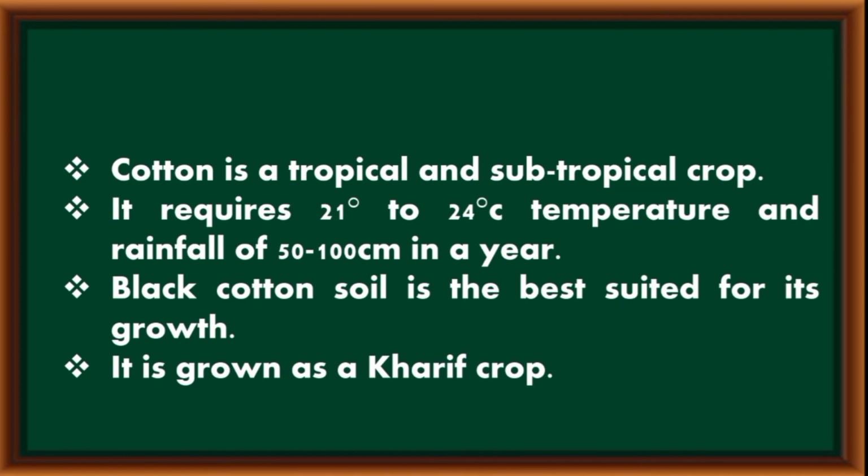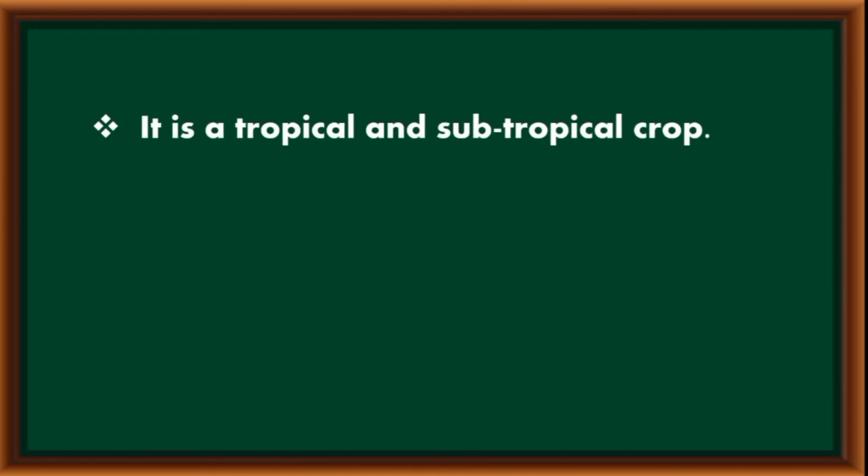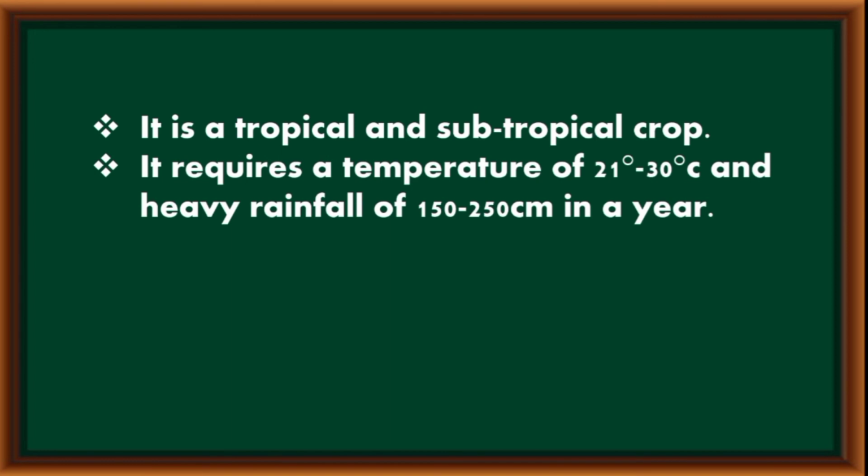Let's move to question number 22. What are the conditions required for tea cultivation? The conditions required for tea cultivation are: It is a tropical and subtropical crop. It requires a temperature of 21 degrees to 30 degrees Celsius and heavy rainfall of 150 to 250 centimeters in a year.